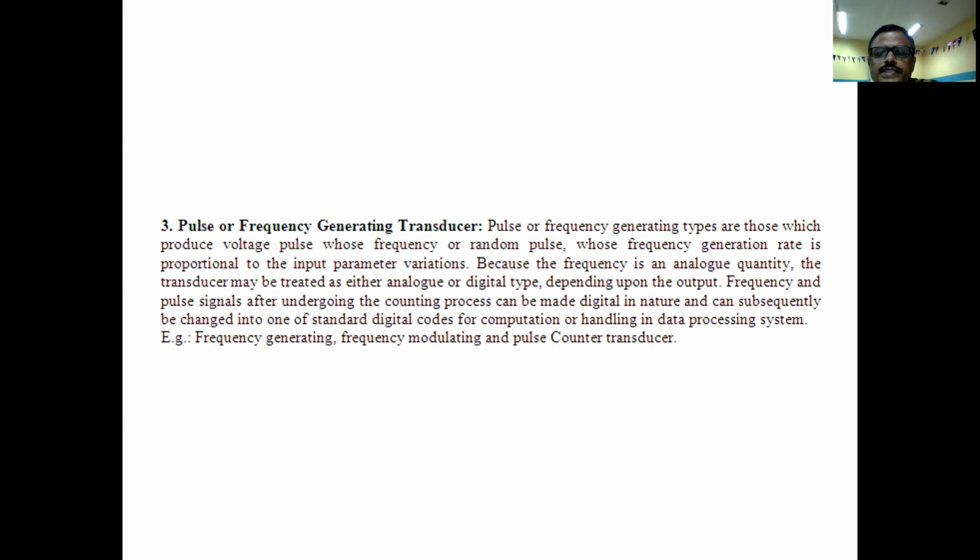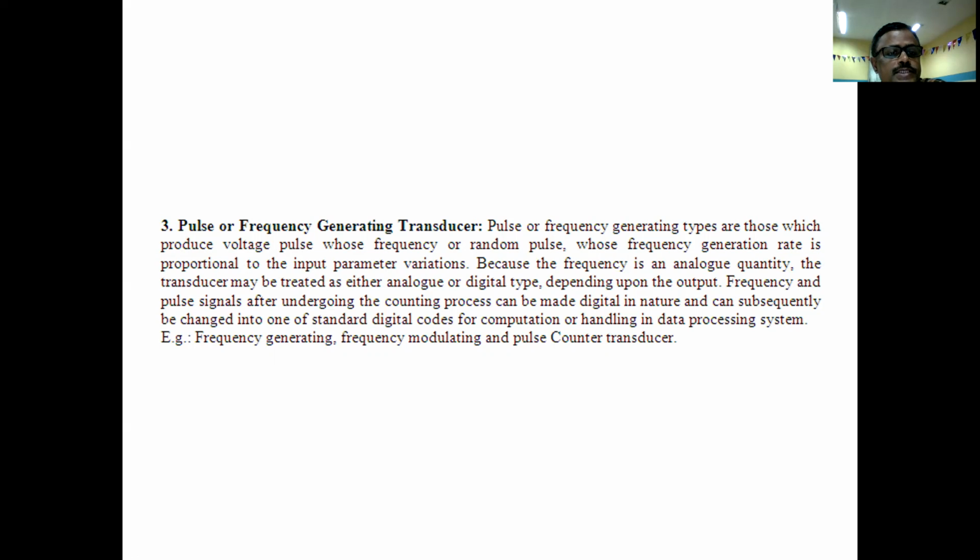Because the frequency is an analogous quantity, the transducer may be treated as either analog or digital type depending upon the output. Frequency and pulse signals, after undergoing the counting process, can be made digital in nature and they can be subsequently changed into one of the standard digital codes for computation or handling in data processing systems.